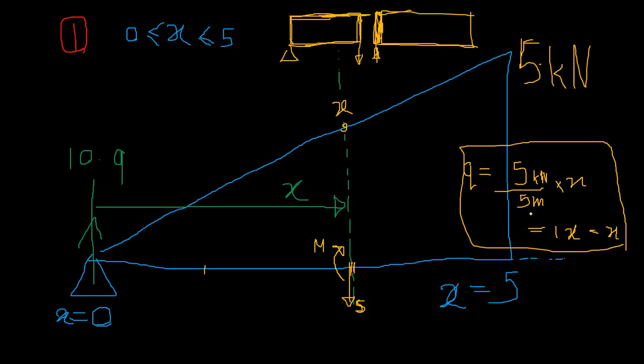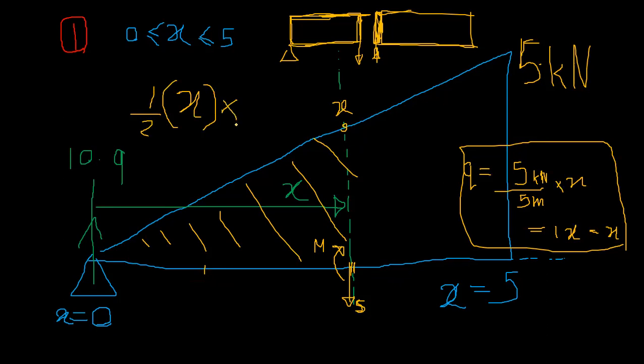So the total load would be, okay, the total load is how much? The area of this triangle. So the height is X, half times the height times the base, right? The base is also X. This is your total load.